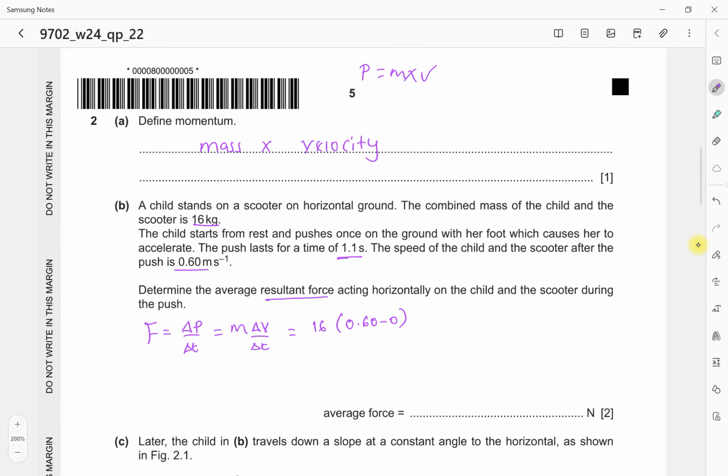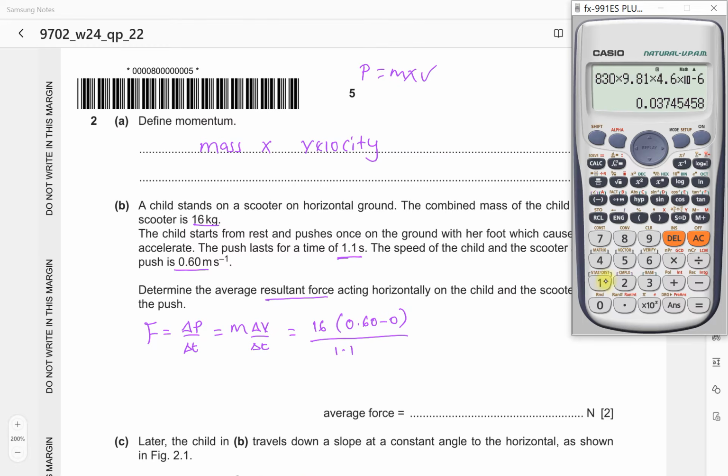That is the change in the speed, divided by the time it takes for that change, which is 1.1. From my calculator, 16 times 0.6 divided by 1.1 is 8.7272 recurring, so I'll just write 8.7.